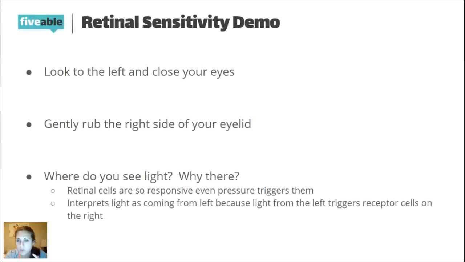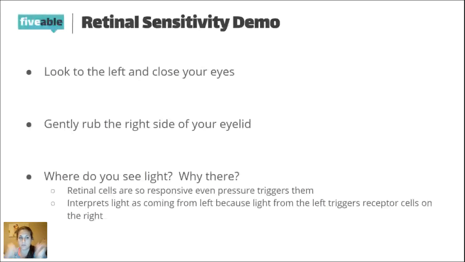Basically what that's showing us is I'm actually activating my retinal cells. They're super sensitive to light and even pressure. Pressure kind of tricks it into thinking, oh, I'm seeing something, but I'm not. And so it interprets the light as coming from the left. That's why I see it over here, because light from the left triggers the receptor cells on the right.